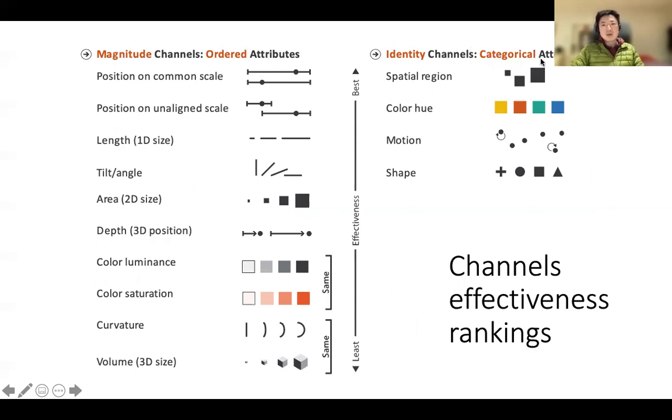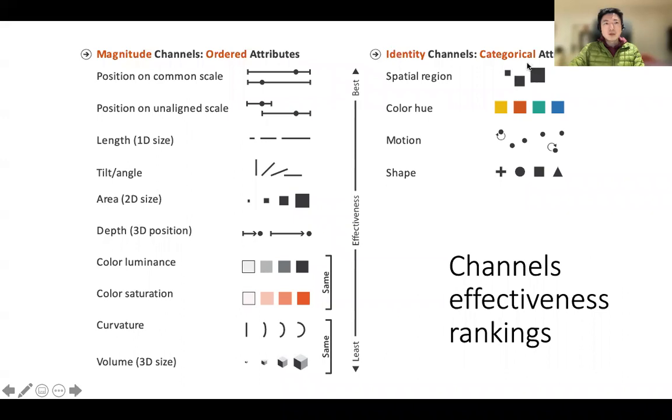Obviously, category is a categorical value, and you try to pick the most effective one that is still available here. In our example, because we already used position to represent profit, maybe we can't use spatial region again for category. Actually, you potentially can still use spatial region for category. In that sense, the profit would be, say, the X coordinates, and the spatial region would be the Y coordinates. That gives you basically a bar chart, if you can.